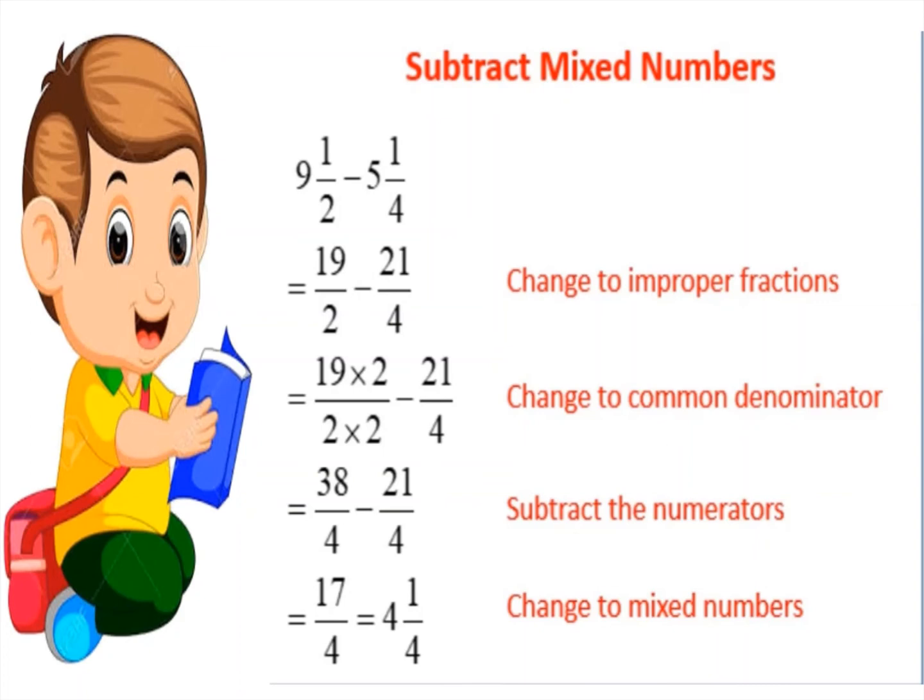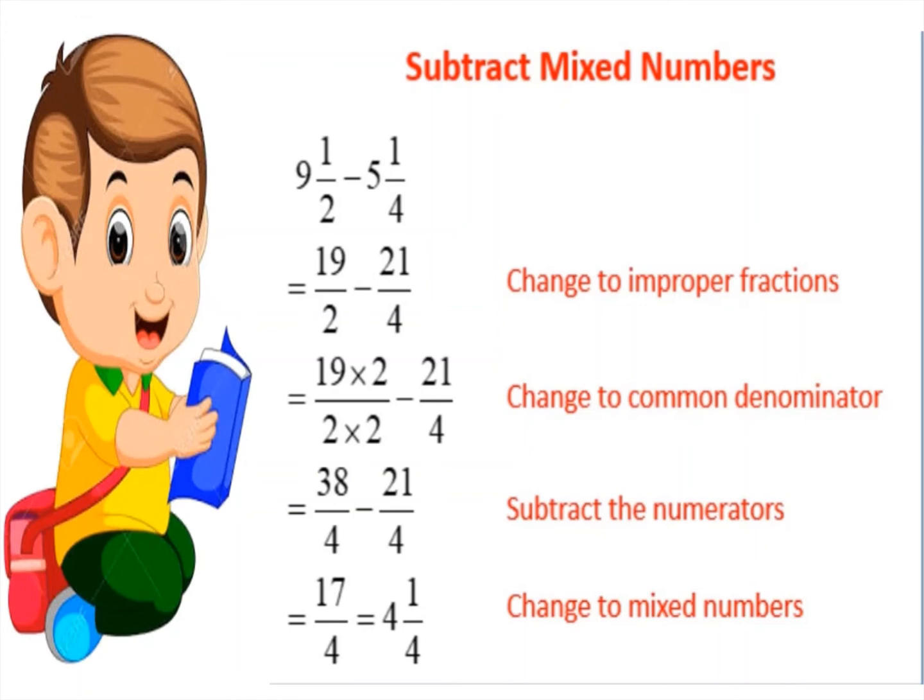that is 4. With the help of the common denominator, we will make equivalent fractions. Equivalent fractions will be 38 upon 4 minus 21 upon 4. We shall subtract the numbers 38 minus 21 and the denominator 4 will be copied.